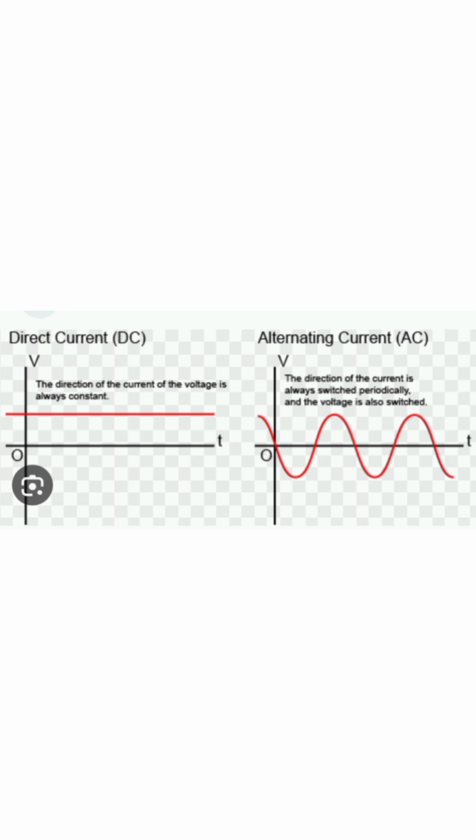So DC has no frequency, and there is no waveform in DC, but due to the bidirectional flow, AC has some frequency with respect to time. In DC there are no power losses, but in AC there are more losses.